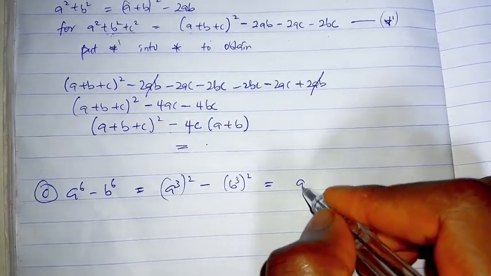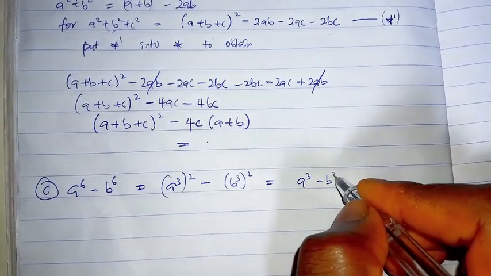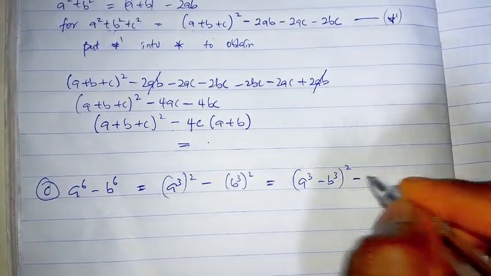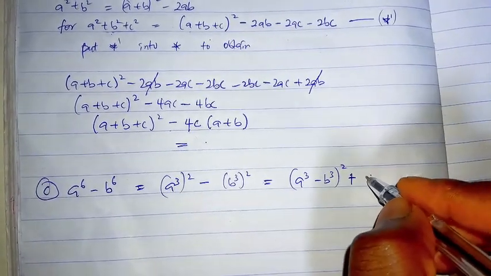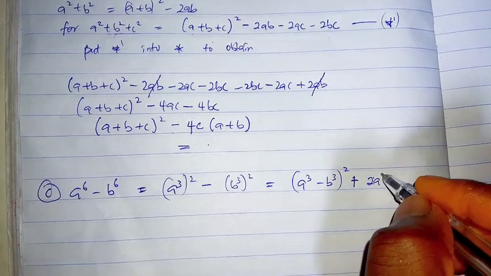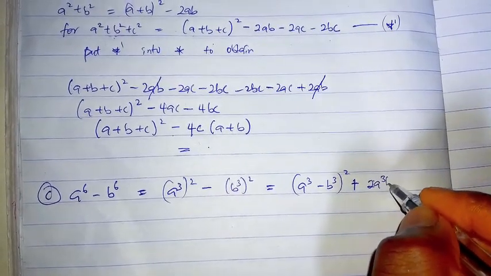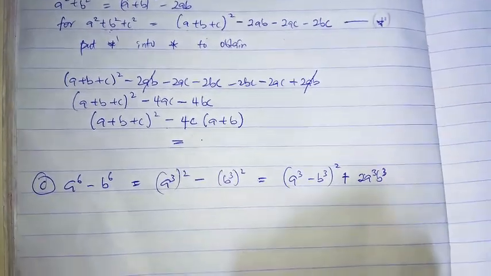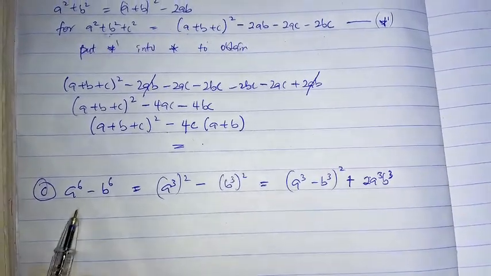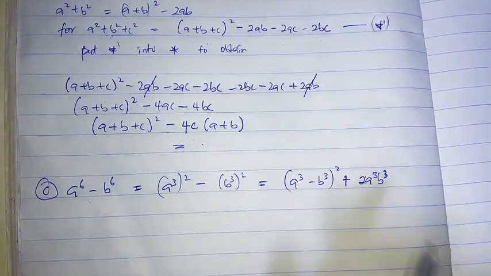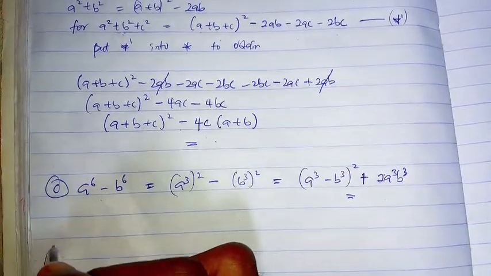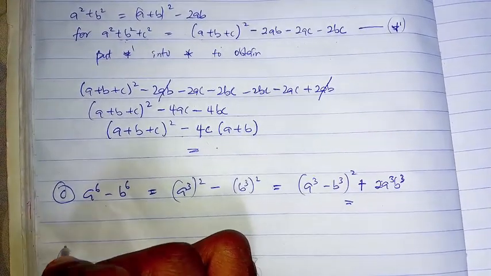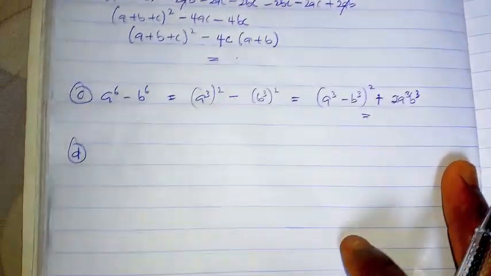Now this is the same thing as A raised power 3 minus B raised power 3 all raised power 2, minus, oh, this is minus, so this becomes plus 2a cube b cube. So this is the expression. It means this is the same thing as this. So this is the factorized form. As simple as that.